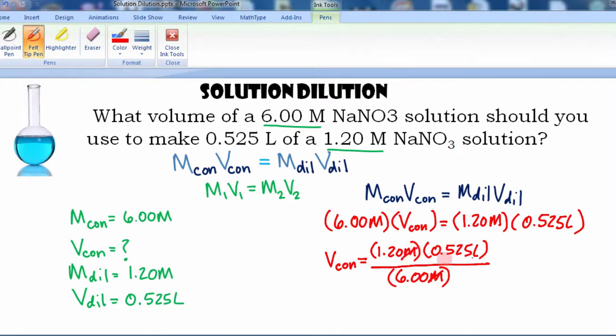Our molarities cancel, leaving us with the unit of liters that we should have. And that is equal to a volume of 0.105 liters. All right, so that is the volume of the concentrated solution.